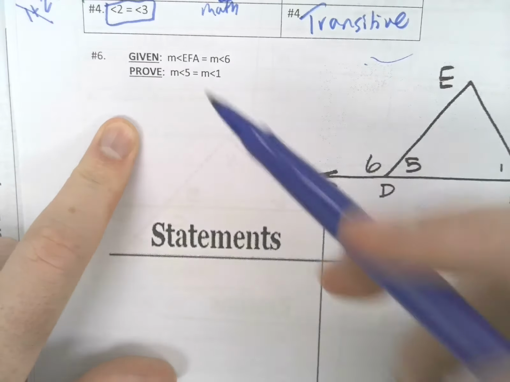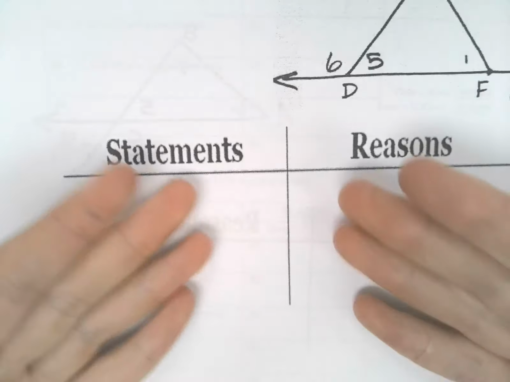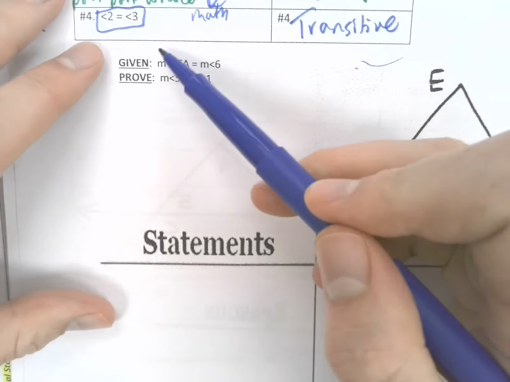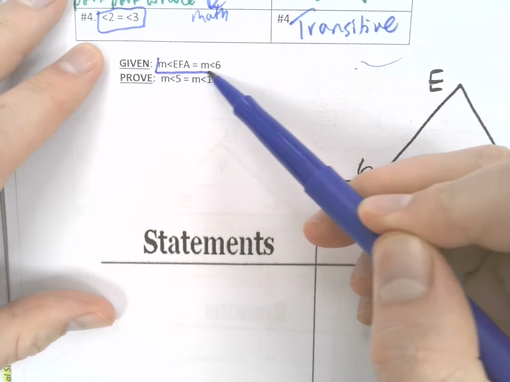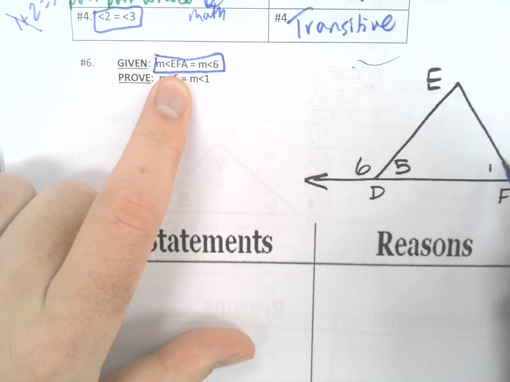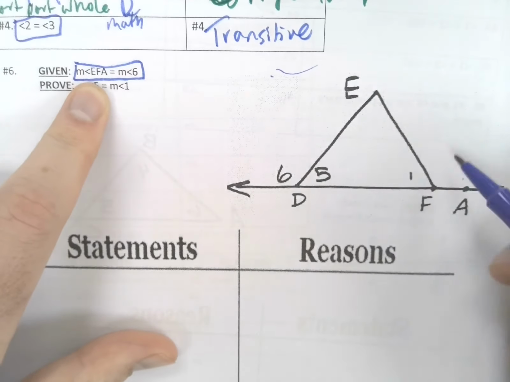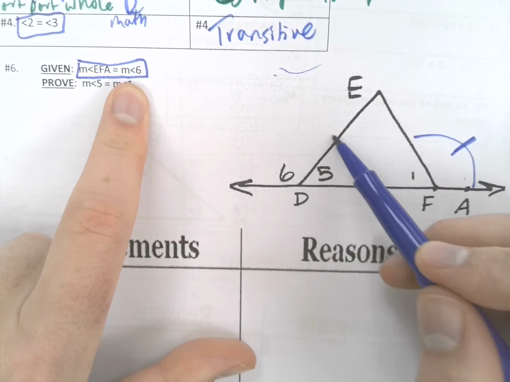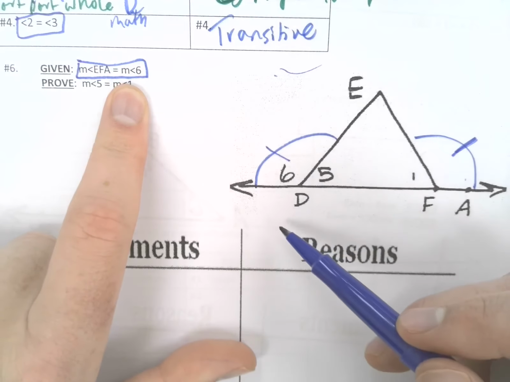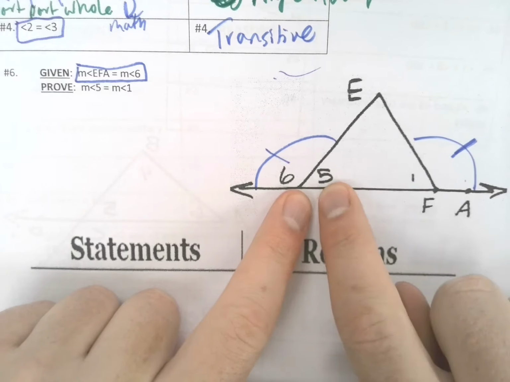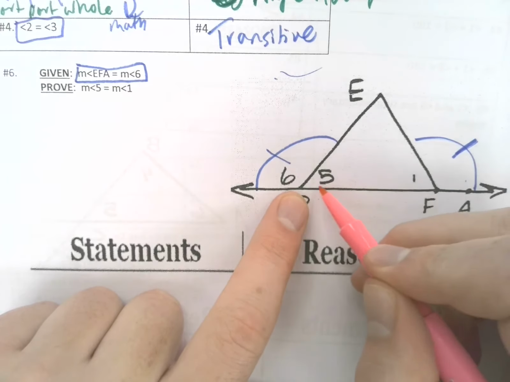But the big thing here is we got nothing, or at least that's what we think. What are we given? Well, we're given angle EFA. EFA is the same thing as angle 6. So these are congruent. And what we're trying to prove is that angle 5 and angle 1 are congruent.